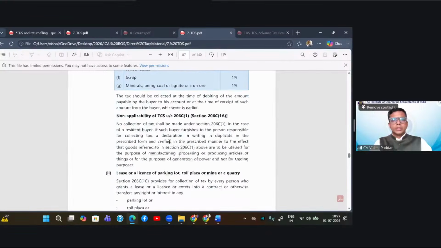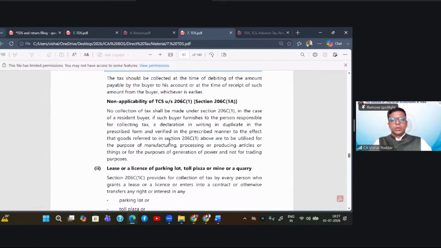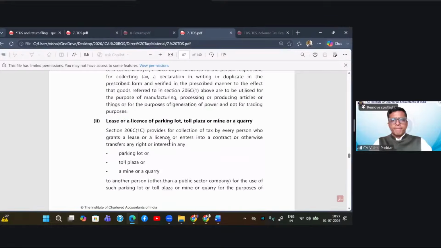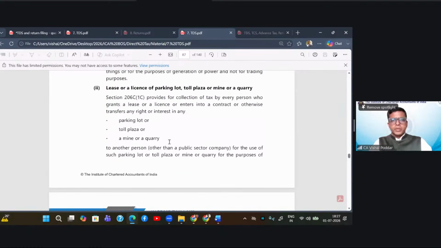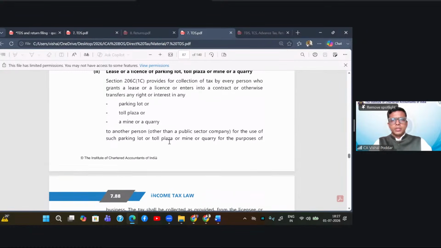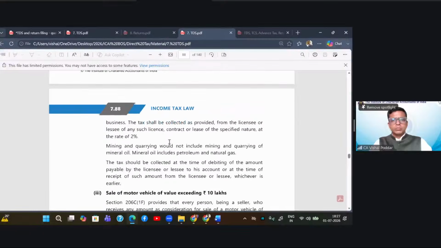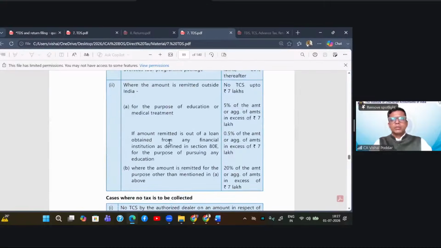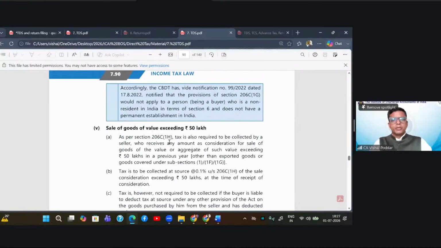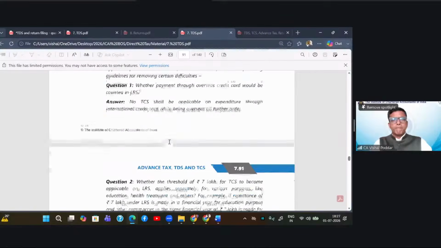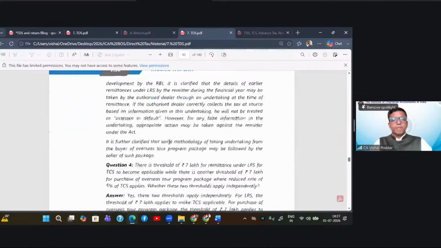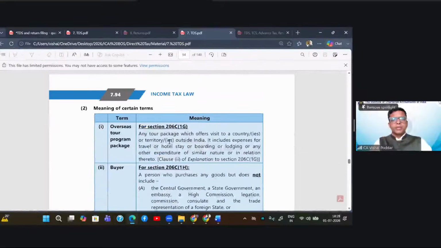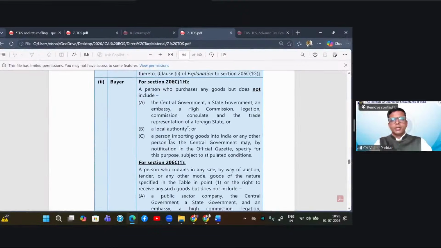Now see non-applicability. See, where is the exception given? I'm missing out the page, students. Can anybody help me with the page? Because the public sector companies, they are excluded. Yes, here. I think so.